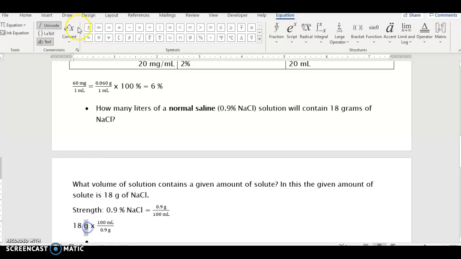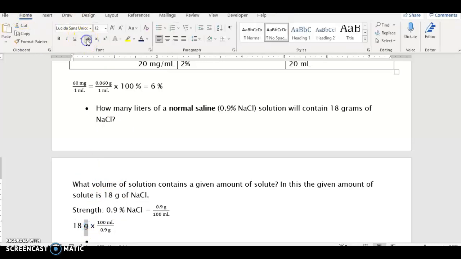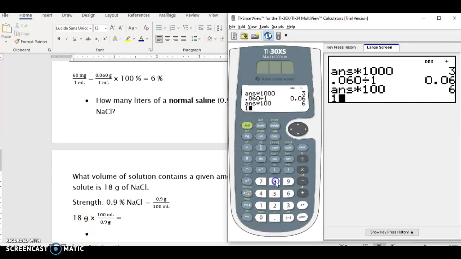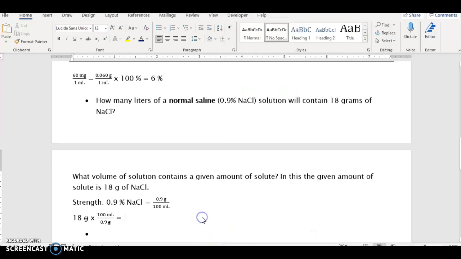In the dimensional analysis approach, the units of grams are canceled. When we put this in our calculator, we're going to take the 18, multiply it by 100, and then divide by the number in the denominator, and that should give us our answer. We get 2,000 milliliters, which is equivalent to 2 liters of solution.